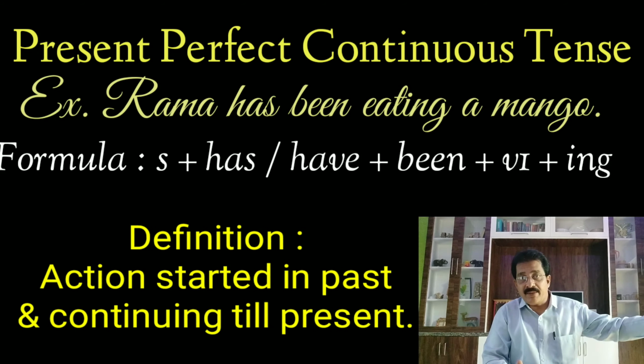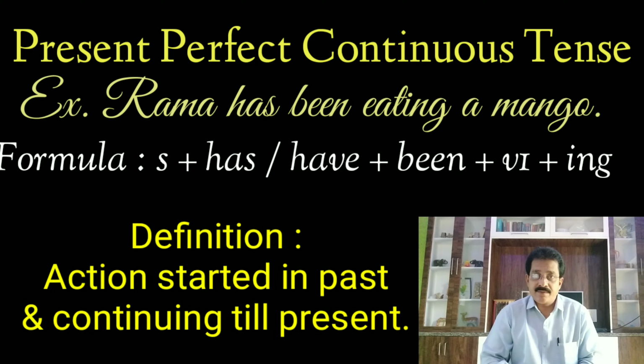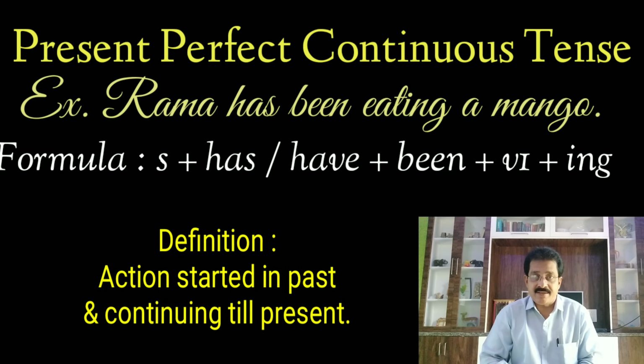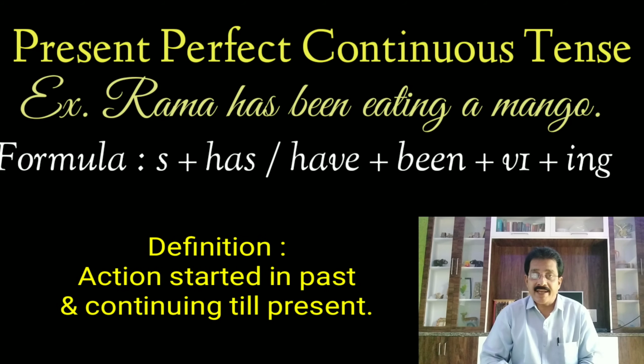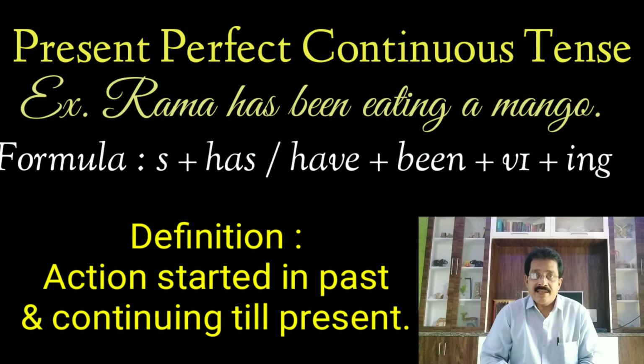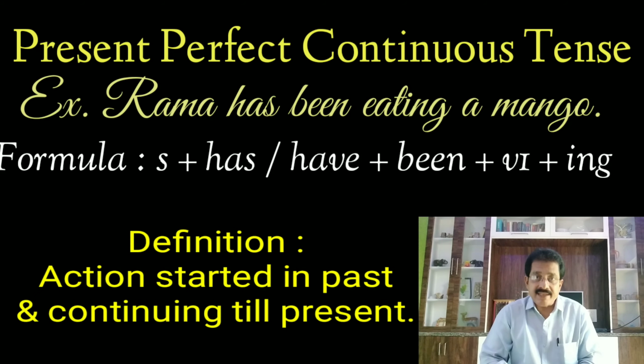For example, I can give the example. I have been teaching you tenses for 31 minutes. Or I can say, I have been teaching you tenses since, and I have to say the starting time. So there comes a little confusion regarding the usage of since and for.